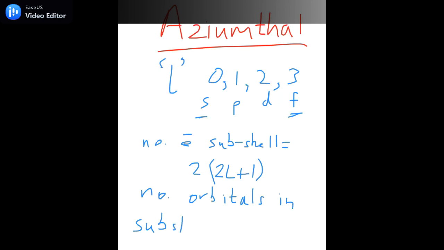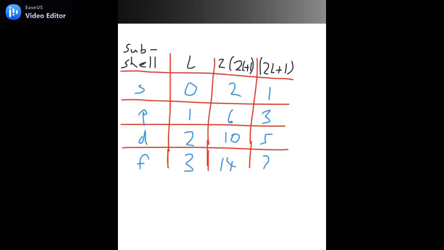Again, because each orbital has 2 electrons, the number of orbitals will be half the number of electrons. So the formula is 2l plus 1. Now over here again, if we put the values of l into the formula, we'll get the number of electrons in the subshell or the number of orbitals.